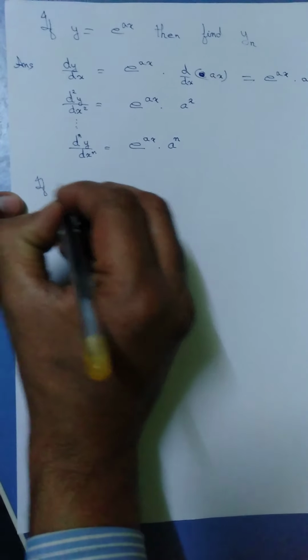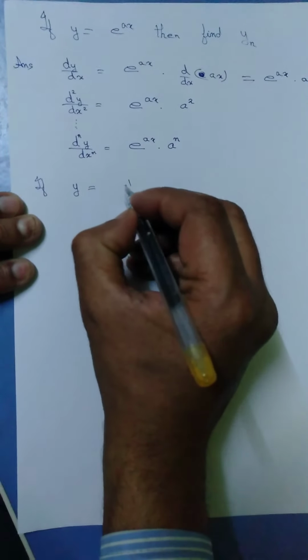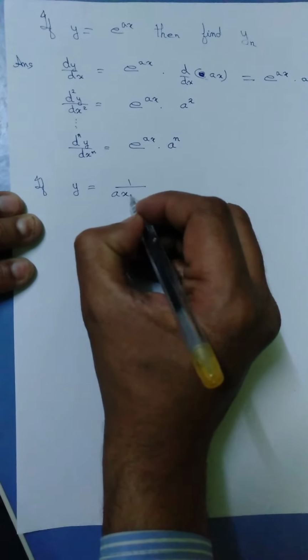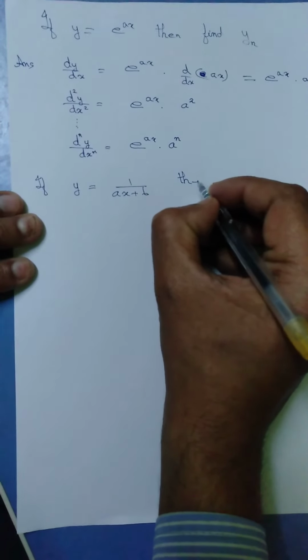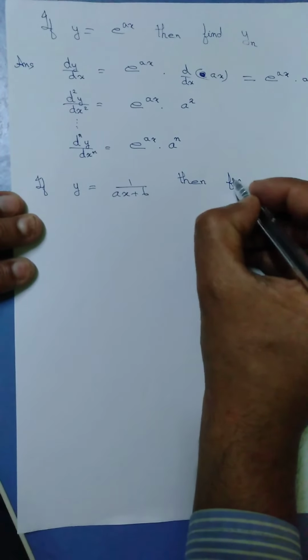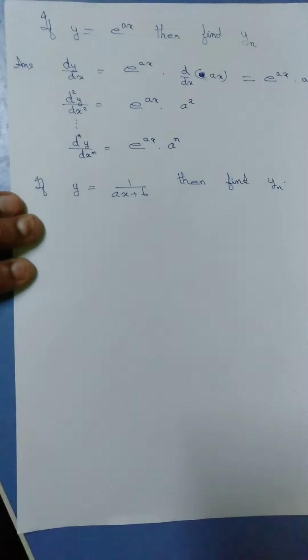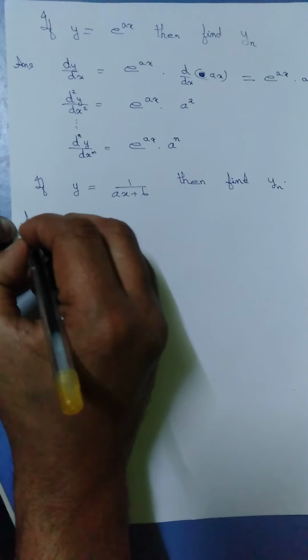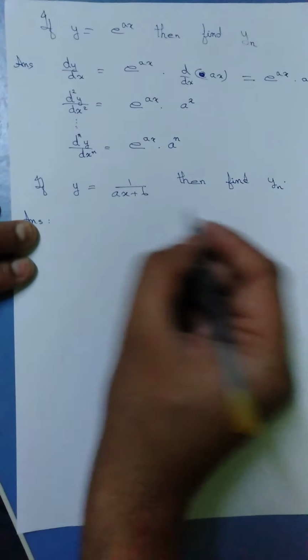Let's look at another one. If y equal to 1 by (ax plus b), then find y_n. Answer.